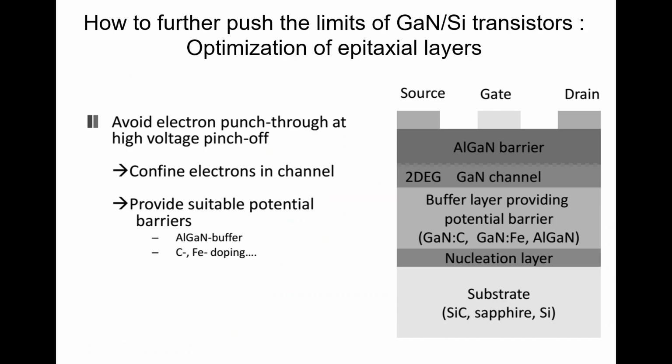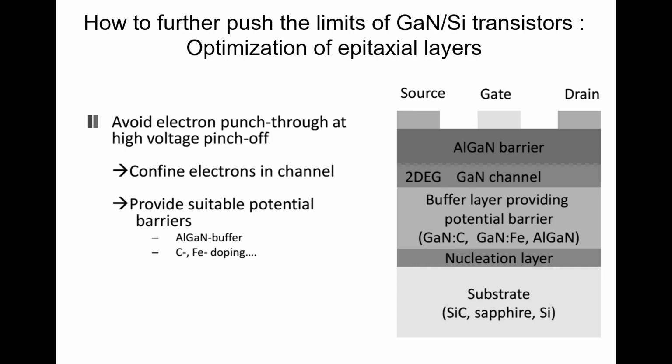So how to further push the breakdown? People worked for a while on that. Obviously you want to improve your buffer layer and the thickness of this buffer, but keeping in mind also current collapse. So it's not just increasing the breakdown, it's also increasing the breakdown while maintaining low current collapse. So it has to go together. Many solutions have been proposed, I cannot go through that, based on carbon doping, iron, superlattices, step graded.